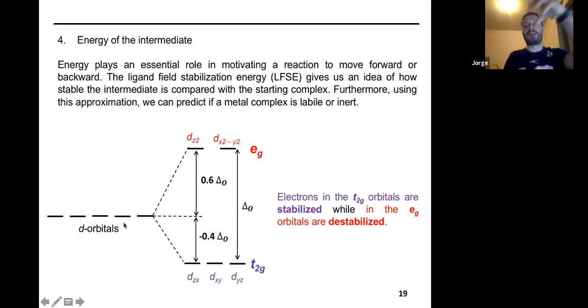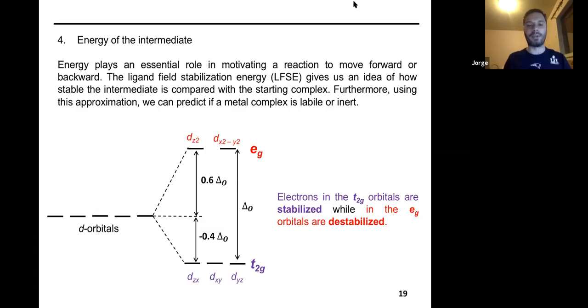However, when we place the ligands in an octahedral geometry, there will be a strong repulsion between the dz squared and the dx squared minus y squared orbitals pointing towards the ligand.